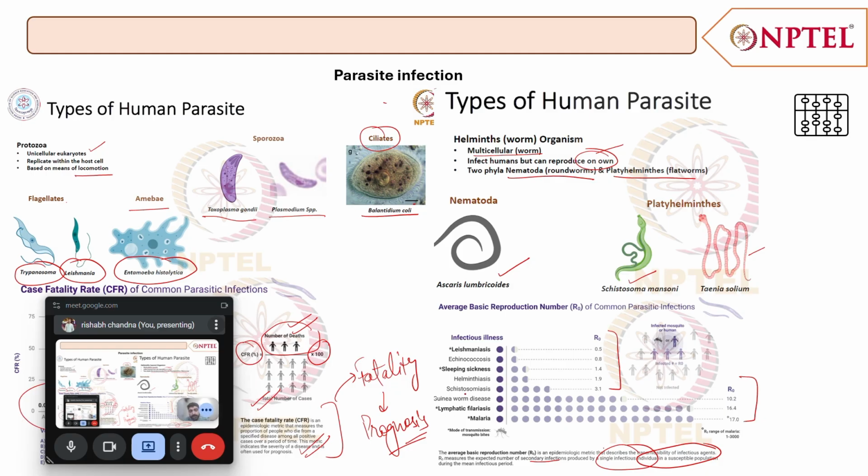Okay, and these star marked diseases are transmitted by mosquito bites. So this shows that some of the diseases like leishmaniasis and sleeping sickness have a very low infectious rate or mode of transmission as compared to malaria or lymphatic filariasis, which have a high transmission rate from the infected individual.